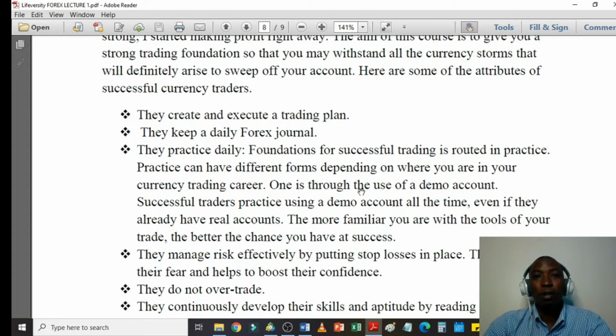I have several $10,000 accounts, and I still use demonstration accounts to ensure that I practice each and every day, so that I can make most of my mistakes on a demo account, and then the perfectionist part, the nice work, I can do on my real trading account, which will definitely attract more income for me.